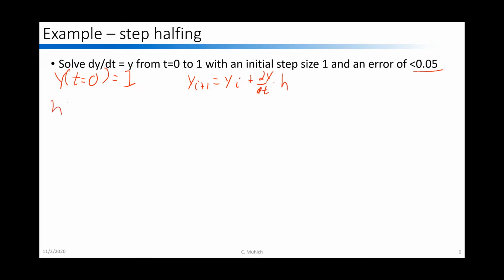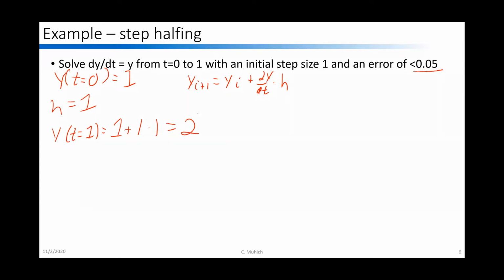So let's say h equals 1. So y at t equals 1 is equal to y at t equals 0, which is 1, plus dy/dt, which is y, so that's just 1 times 1. This is going to be equal to 2.